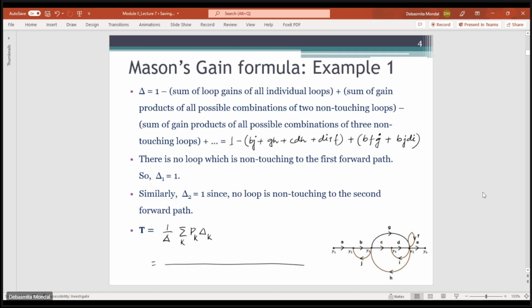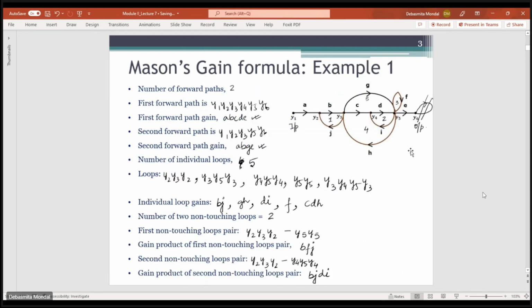Delta will come in the denominator. Delta is nothing but this term: BJ plus GH plus DI plus F plus the other terms. In the numerator you will have the forward path gains.